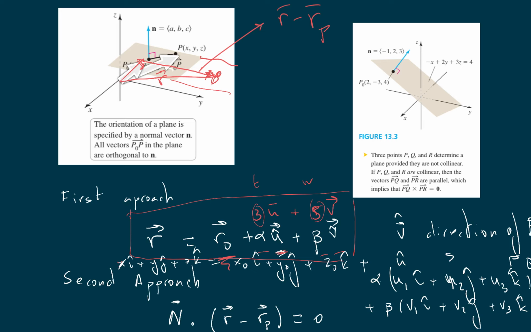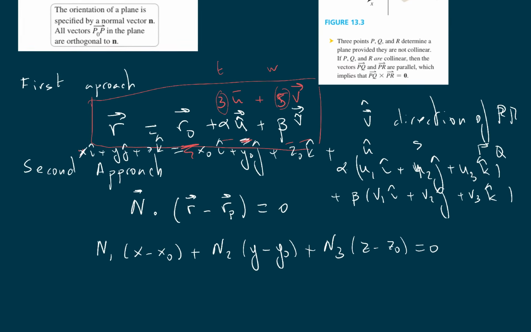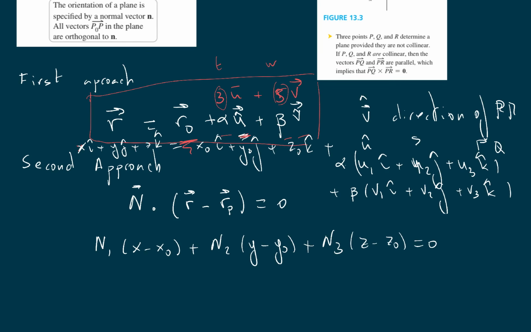So the second equation is that n dot (r minus r0) is equal to 0. Or in other words, r is xi, so it will be x minus x0, and let's write it, n is the vector n1 i plus n2 j plus n3 k.